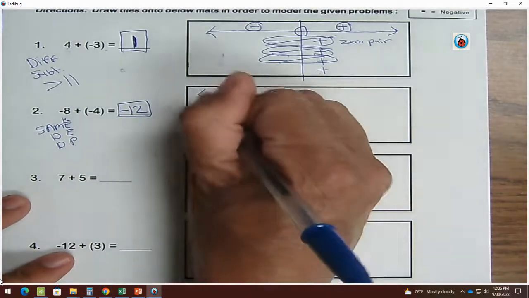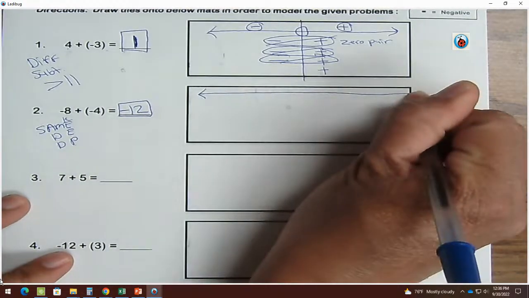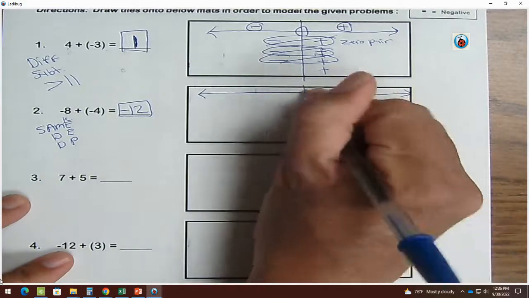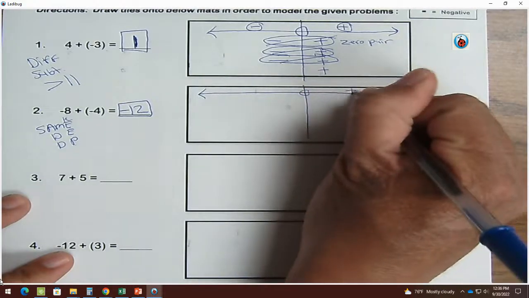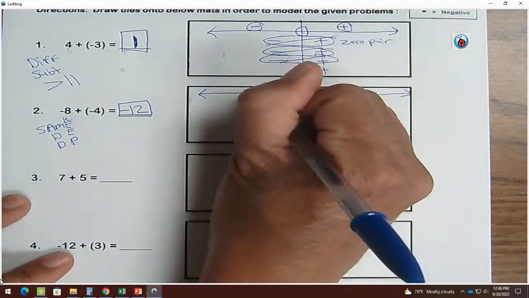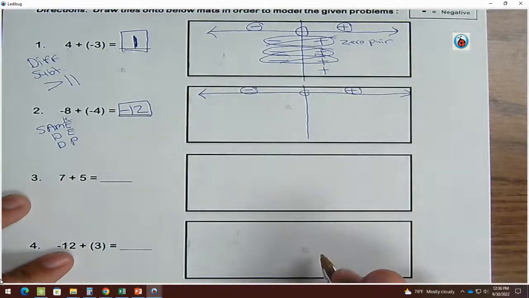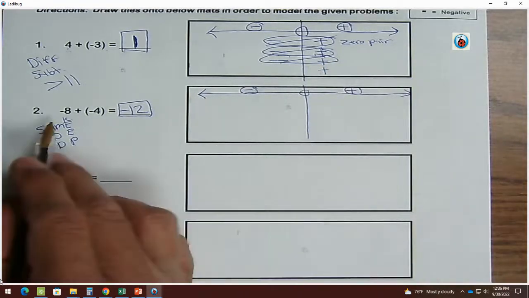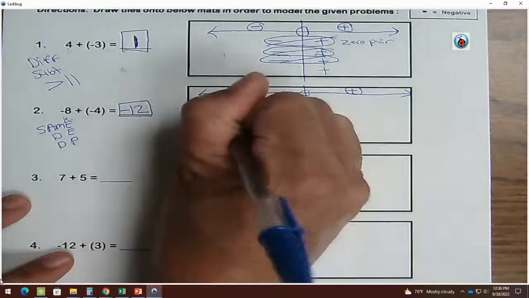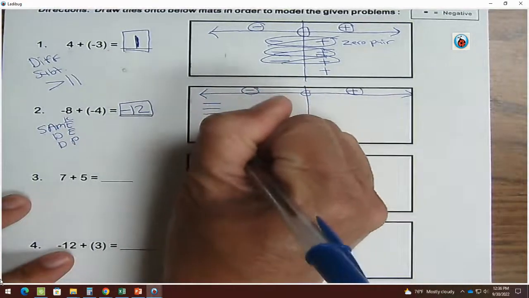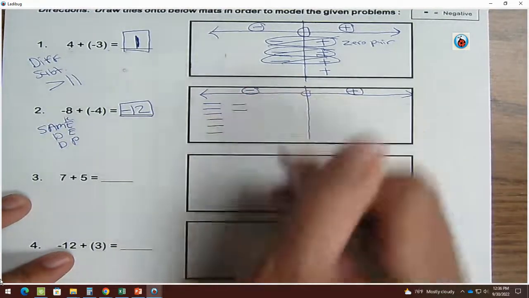Now I'm going to do my T-chart again. Over here we have our positive, and over here we have our negative. Okay? So we have 8 negatives. 1, 2, 3, 4, 5, 6, 7, 8.